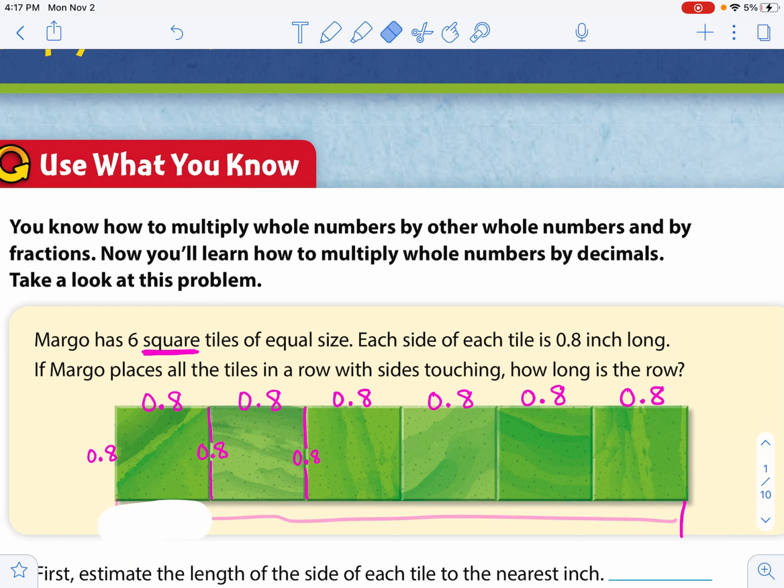Well, I think if we use our basic common sense, boys and girls, we would be able to figure this out, right? We know that all they're doing is putting 8/10 plus 8/10 plus 8/10 plus 8/10 plus 8/10 plus 8/10 plus 8/10. So if I put that all together and add them up, I certainly could do that.